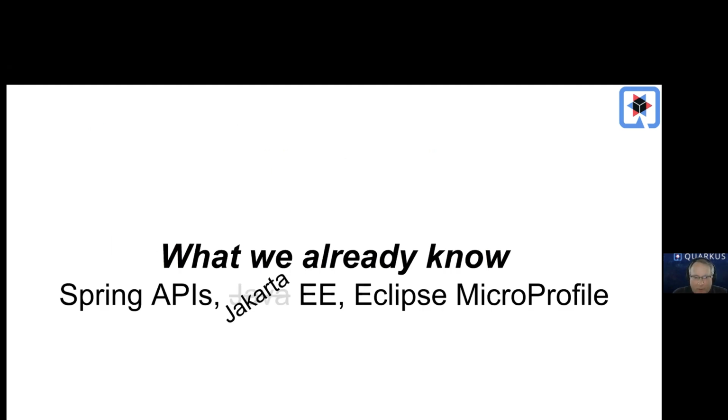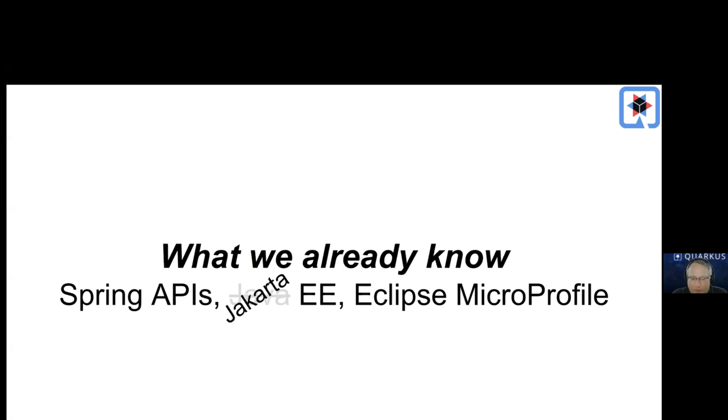Rethinking what we already know. Well, that begs the question, what do we already know? This is going to be a theme throughout the next set of slides. What we already know is Spring, right? This came from some informal polls before we started recording, and folks listening have experience with Spring APIs, Java EE, and you can see I replaced Jakarta there because it is really Jakarta EE today.